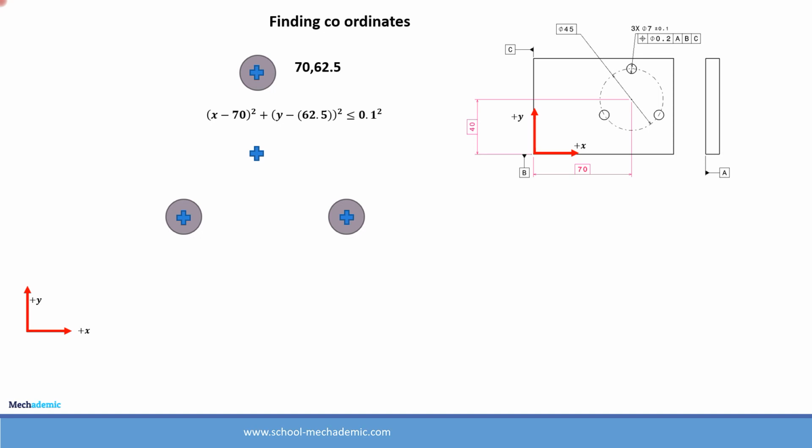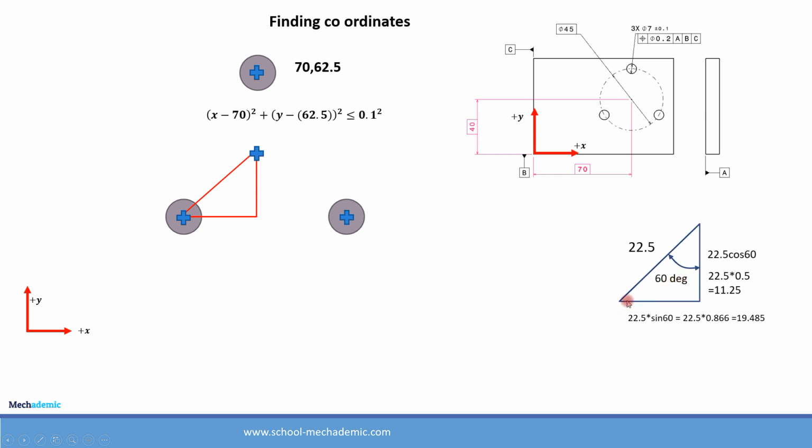Now to find the coordinates of the other two centers of the circles, we need to draw a right angle triangle which is connecting the center of the pitch circle and the center of the tolerance zone over here as shown. From this right angle triangle we can find the horizontal distance of this center and the vertical distance of this center with respect to the center of the pitch circle.